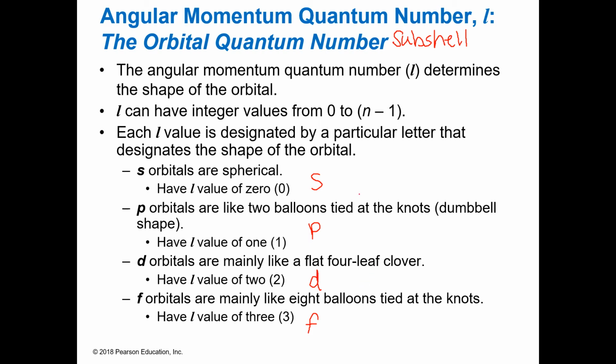If we're talking about the S subshell, then L is equal to 0. If we're talking about the P subshell, L is equal to 1. D, L is equal to 2. And F, L is equal to 3. So this is just giving a numerical value to the type of subshell. You should have that memorized.